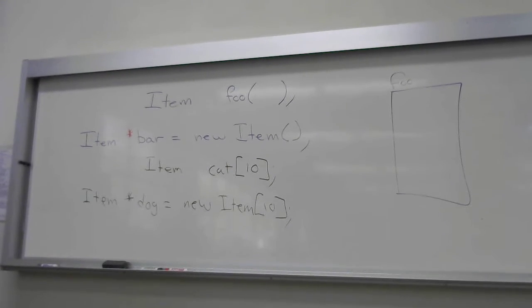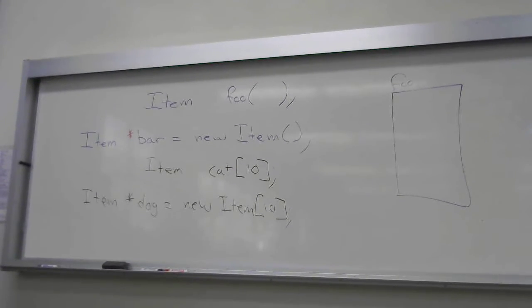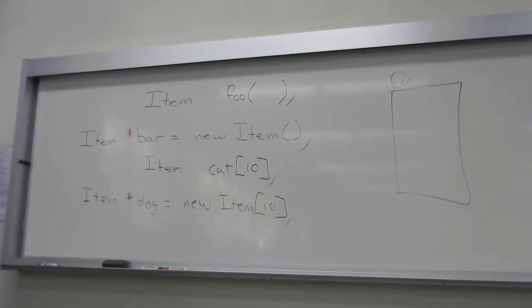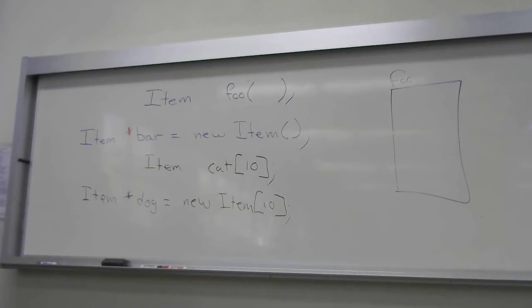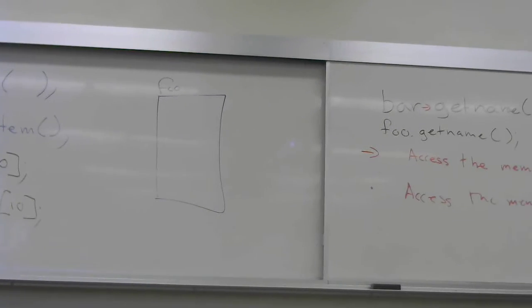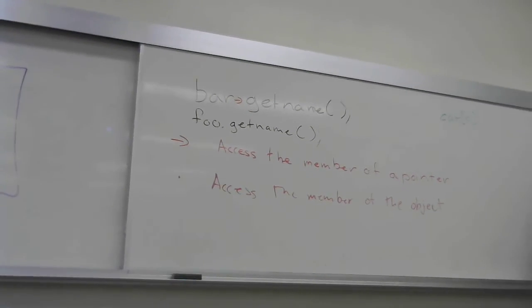Let's suppose I want to access the first element's name in cat. To do that, I would say cat of 0, right? This would also be true for C, though. Cat of 0, dot or arrow here? So what is cat of 0?